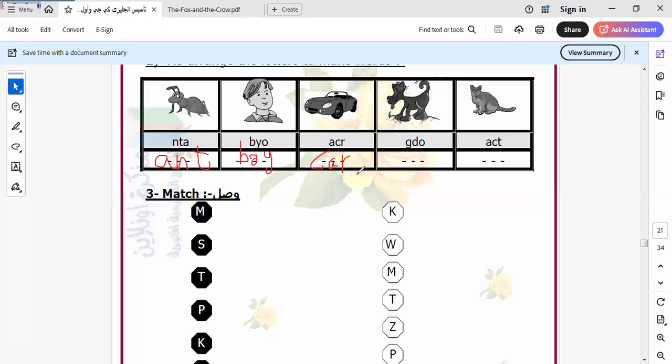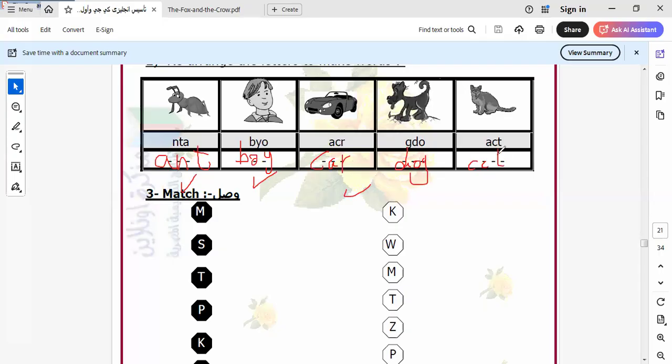So every day we must revise what we took in the academic year, because it's important for the next year. Here is ant, here is boy, here is car, here is dog, here is cat.